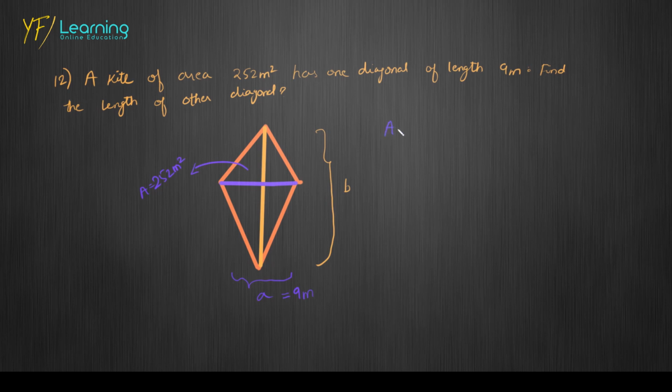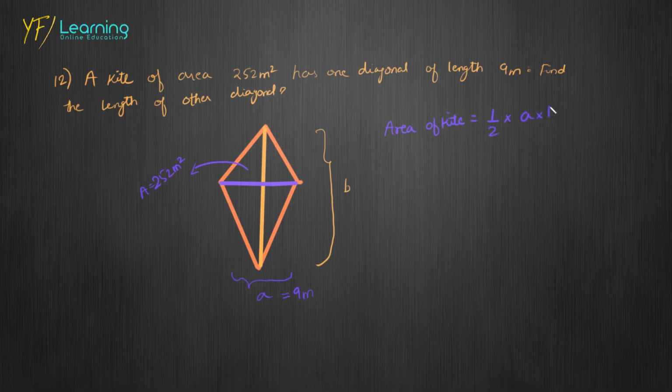So the formula of area of kite is equal to half times the product of diagonals, A times B. Area of kite is given and it is 252 meters square.